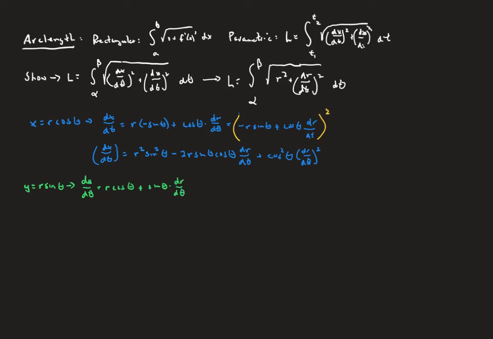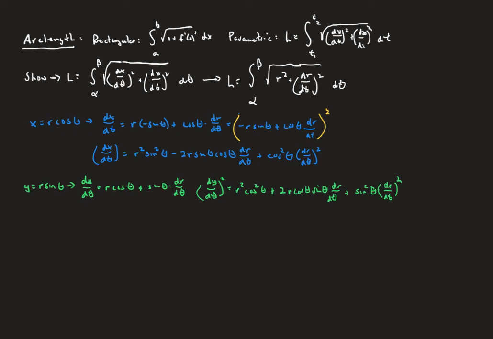So again, dy/d theta squared is the first one squared, r squared cosine squared theta, plus twice the product, which is 2 r cosine theta sine theta dr/d theta, plus the second one squared, which is sine squared theta times (dr/d theta) squared.